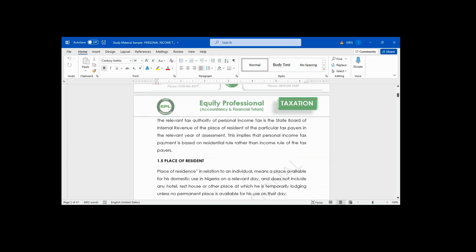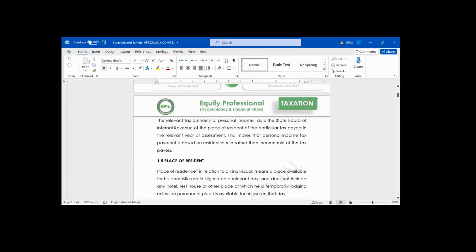Likewise, personal income tax is based on place of residence. Personal income tax is based on what? Place of residence. That means the state where you reside is where you are going to remit your personal income tax.